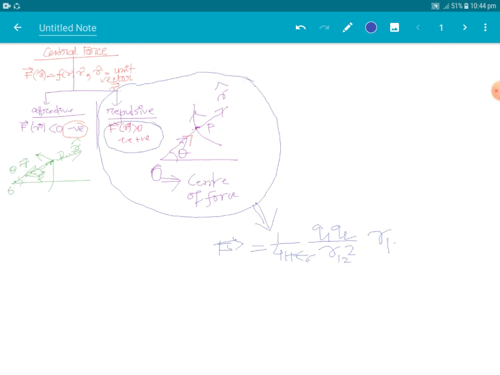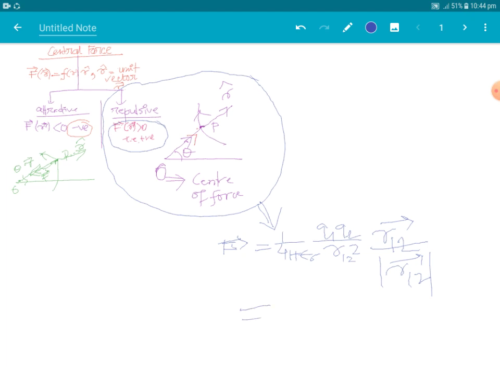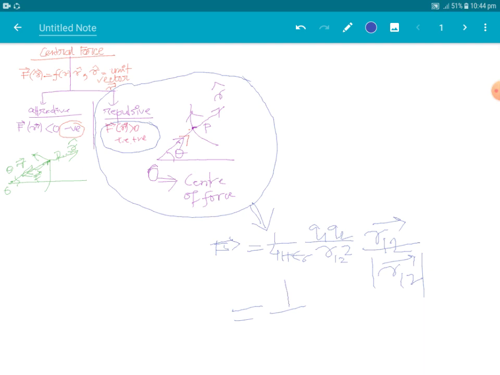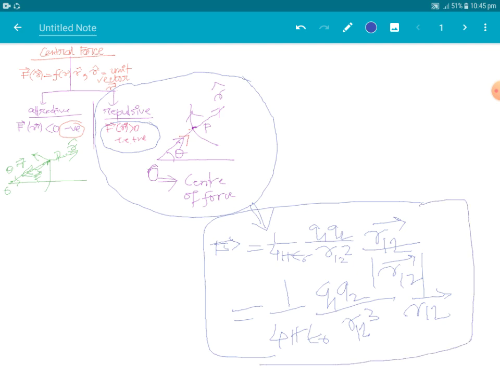Here r12 cap is r12 vector by the modulus of r12 vector, which is the magnitude of r12 vector. So we can simply write 1 by 4 pi epsilon naught, q1 q2 by r12 cube, r12 vector. This can be positive or negative depending upon the two charges.